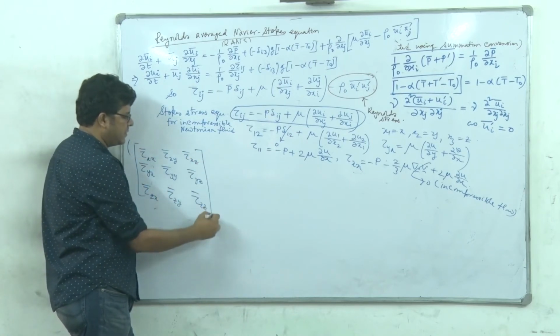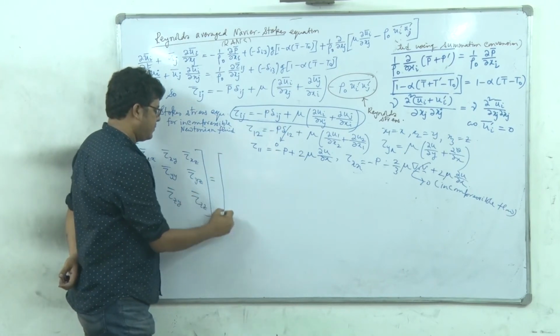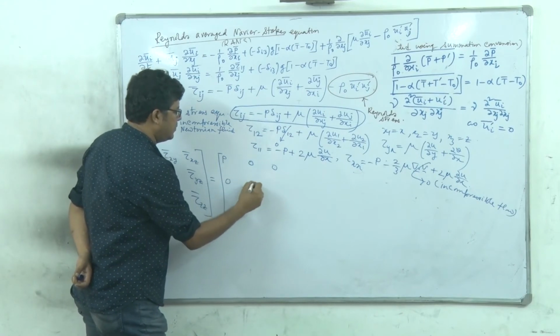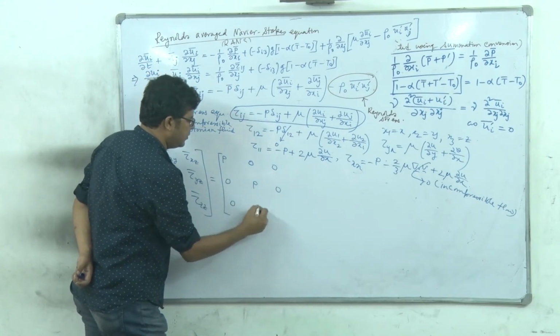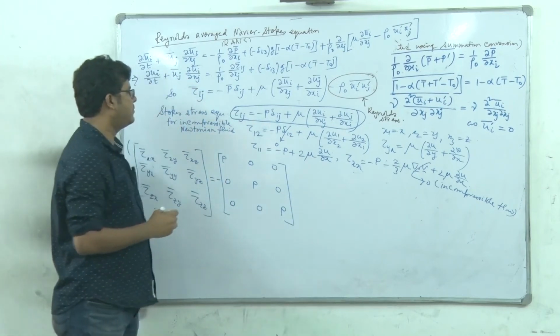This is the left hand side, and that's equal to first this P 0 0, 0 P 0, 0 0 P, right, with a minus sign.